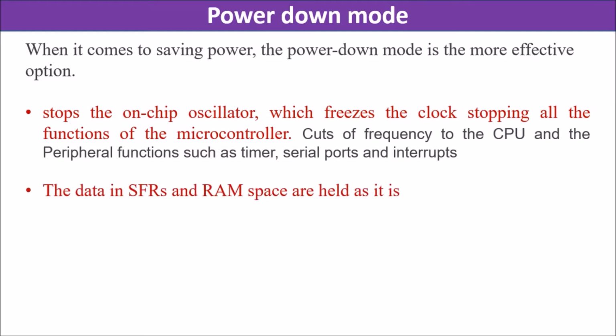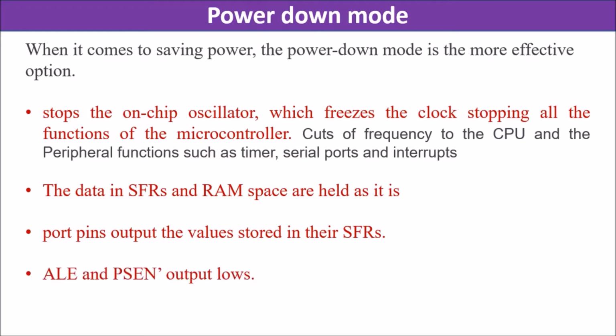The data in special function registers and RAM space are held as is, and port pin outputs give the values stored in their corresponding SFRs, that is, special function registers. The ALE (address latch enable) terminal and PSEN terminal outputs go low.